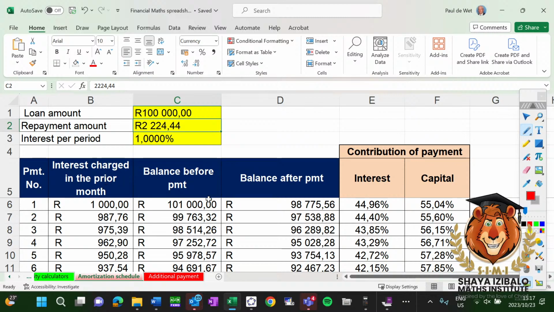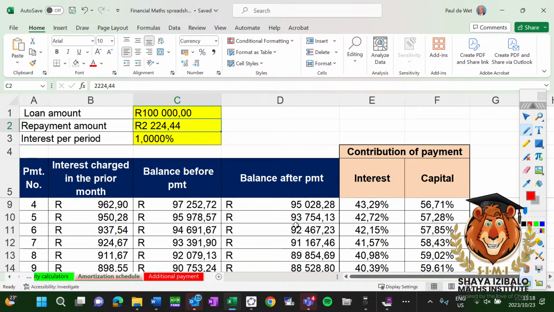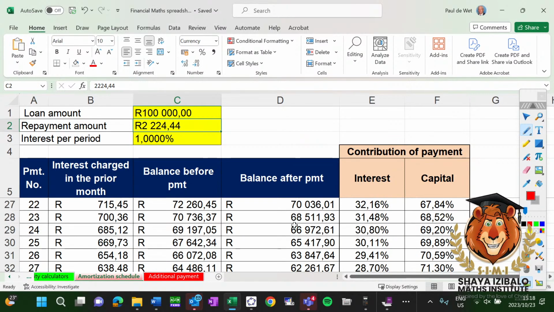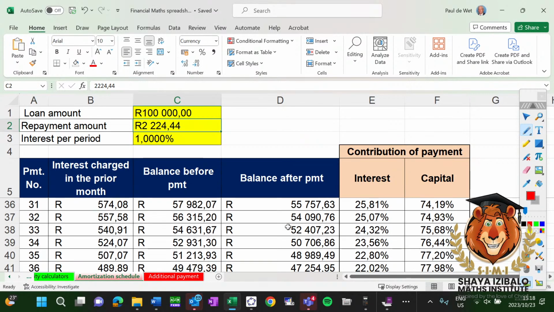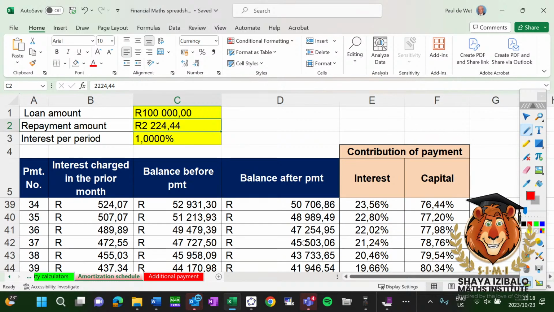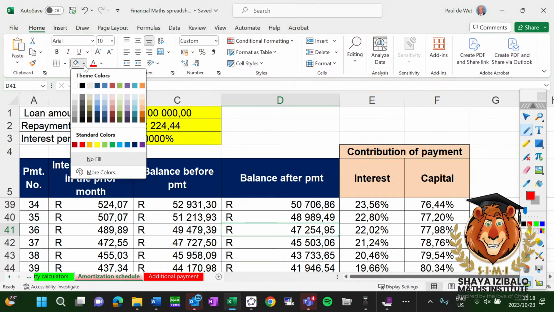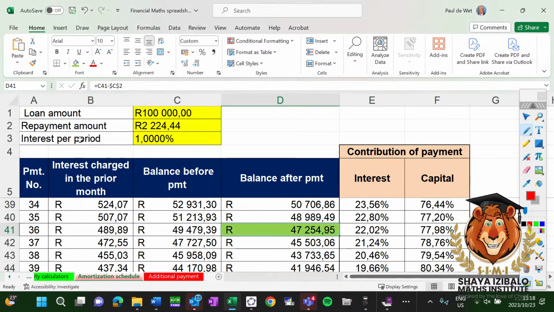And we can see what's happening here is that we can see the balance after each payment. Now, I'm going to scroll down here and I'm going to find the balance after the 36th payment. And what you'll see, there it is there, it's exactly the number that we've just calculated. That is how much he still owes after that payment.